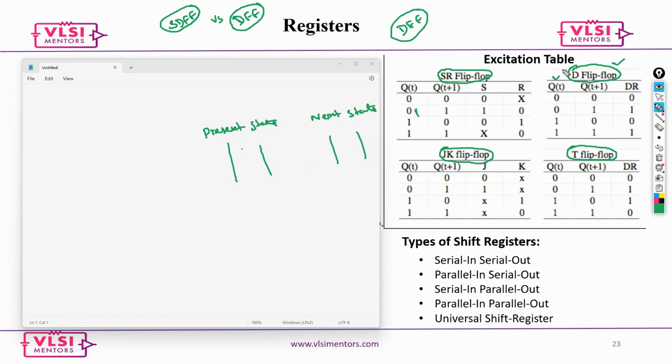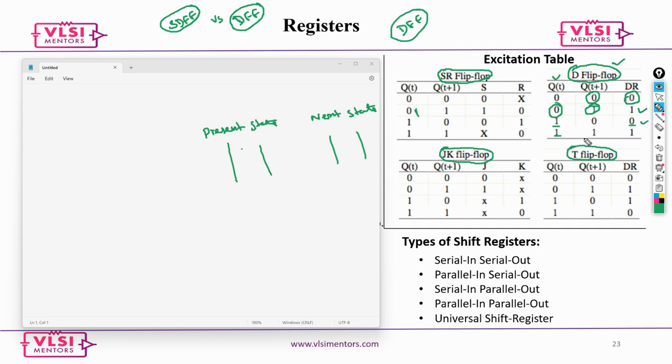Say this is your present state and you want your next state to be 0, so 0 to 0. Then the input that you should give is 0. Now let's say your present state is 0 and you want your next state to be 1. Then the input that you should supply is 1. Again, if your present state is 1 and you want your next state to be 0, then you need to give 0.